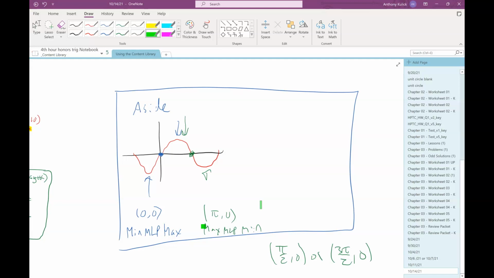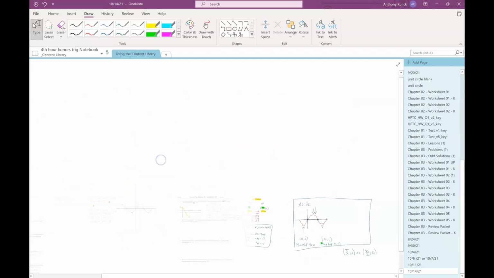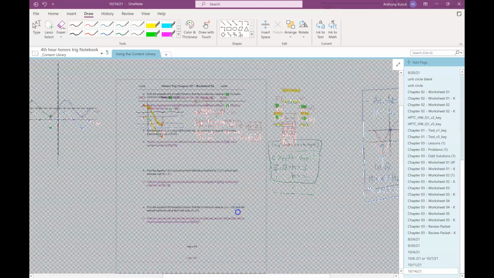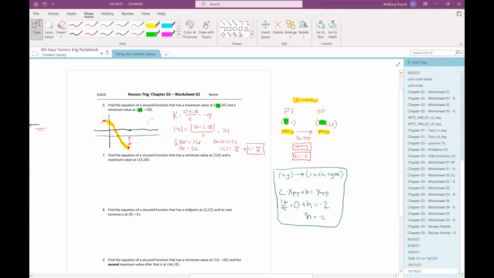Amy, could you just explain again how you know when to use sine? Yep. So here are the 2 times when I would use sine for problems like this on the worksheet. If I'm given a point and I'm not told anything about that point, like it doesn't have to be a maximum or minimum or whatever, I'm using sine. So numbers 1 and 2, I think, are both that situation.